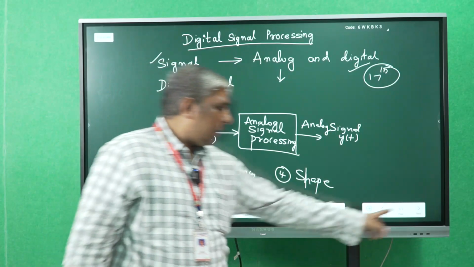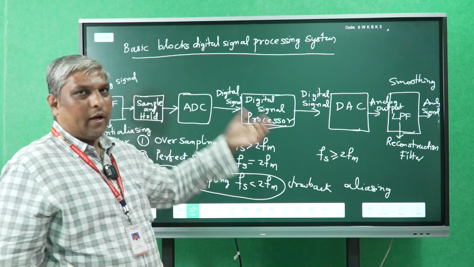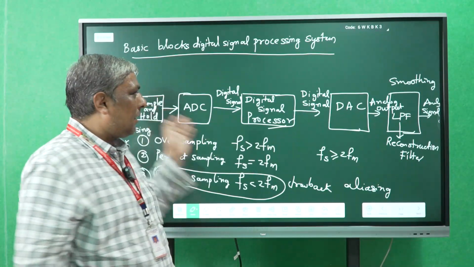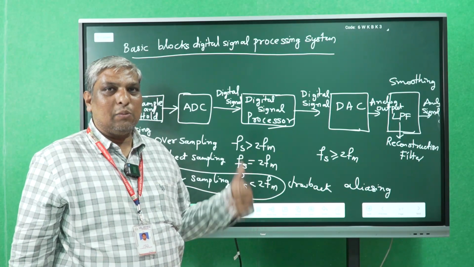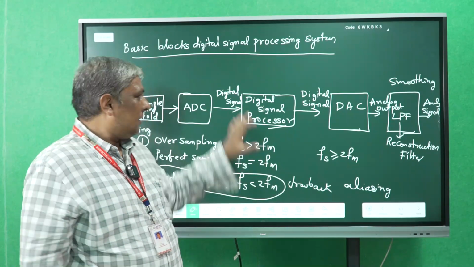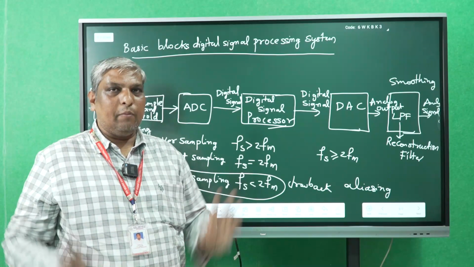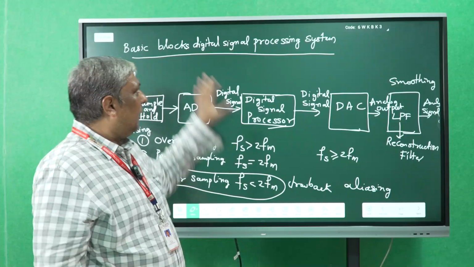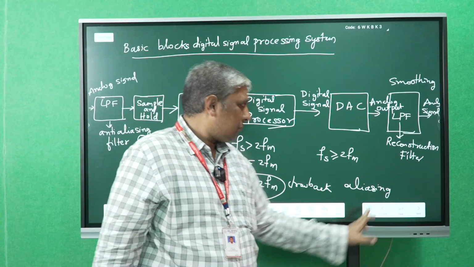But in digital signal processing, extra blocks are added: that is ADC, DAC, low pass filter, sample and hold, and a reconstruction filter. All these blocks are to be added. The major problem of digital signal processing is that complexity will be more. So these are the basic building blocks of the digital signal processing system.